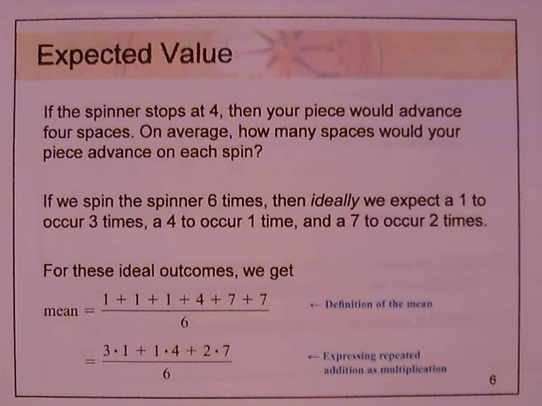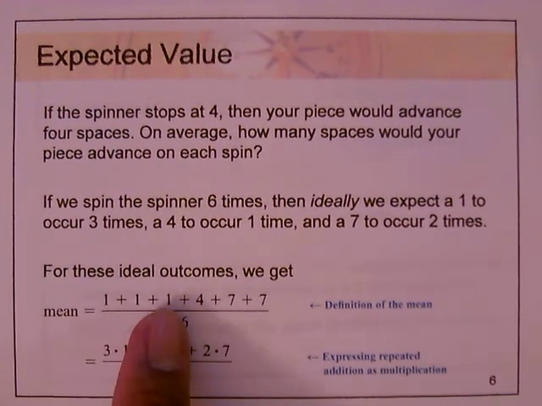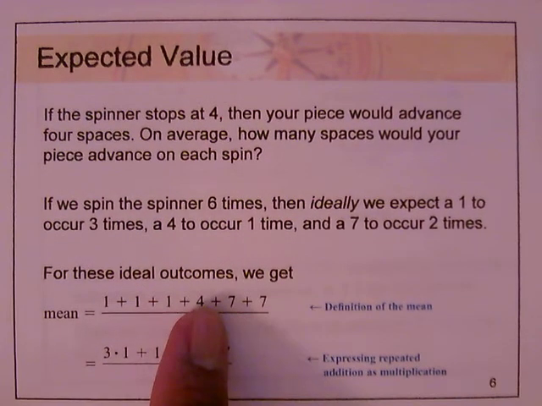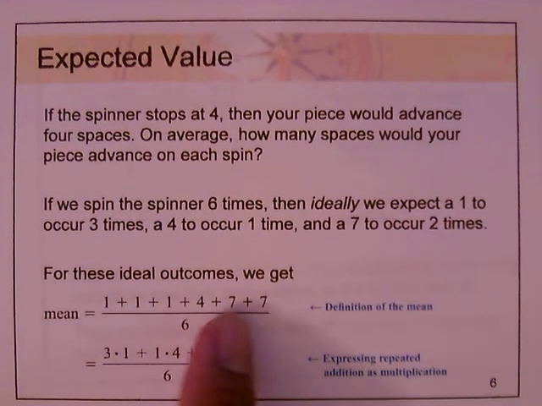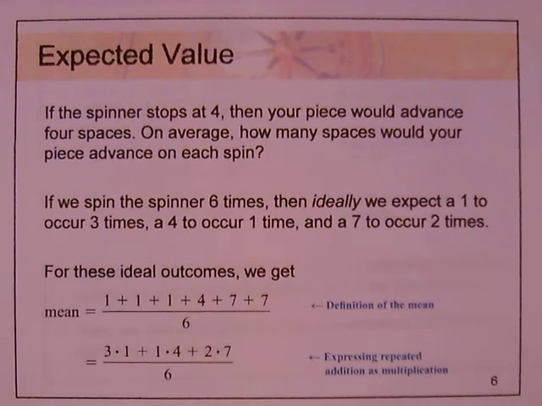On the next line, they're expressing this repeated addition as multiplication. The 1 is being added 3 times, so that's 3 times 1. The 4 is only added 1 time, that's 1 times 4, and the 7 is added twice, that's 2 times 7, and the whole thing is divided by 6.